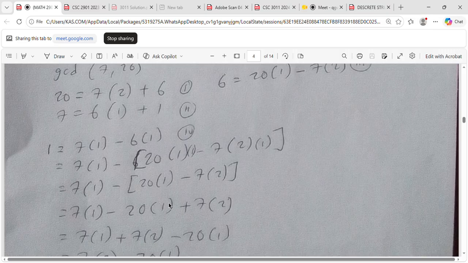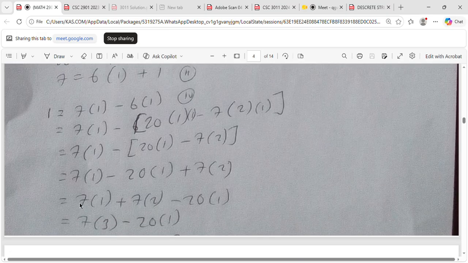This will be negative 20 times 1, then positive 7 times 2, and your like terms are 7 and 7, so put them together. According to the sign here, you just add what is in the bracket. So 1 plus 2, which is 3, then minus 20 there.